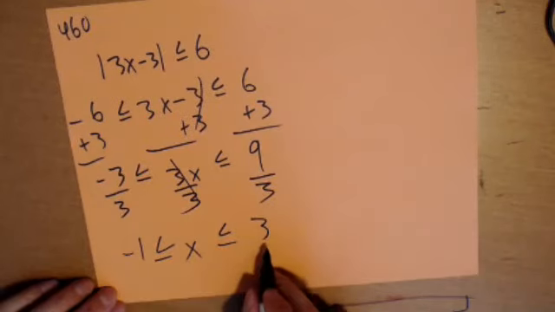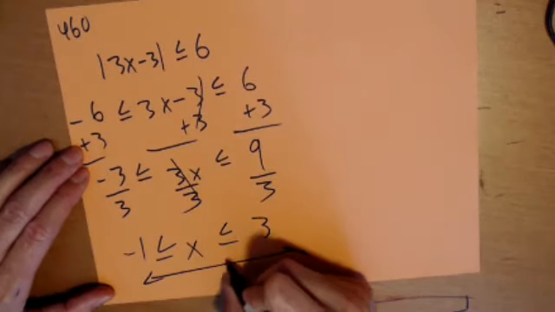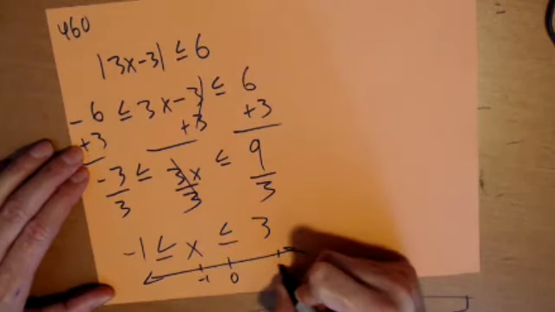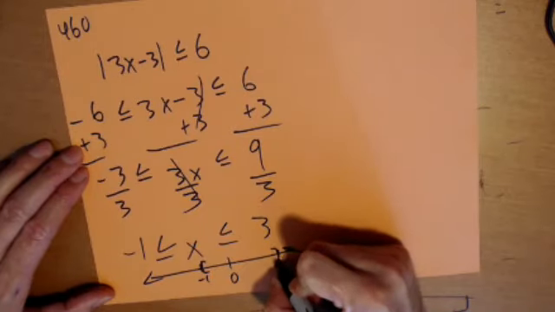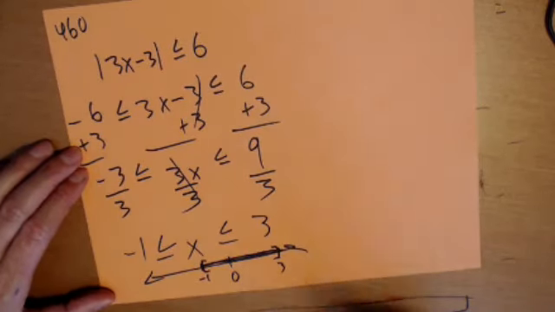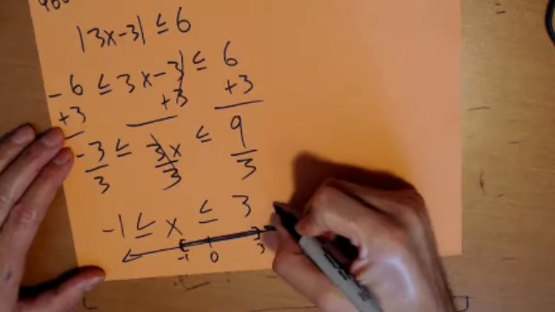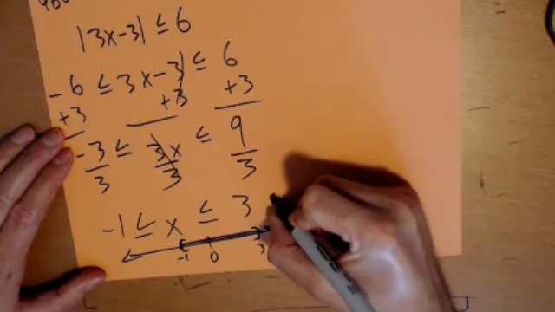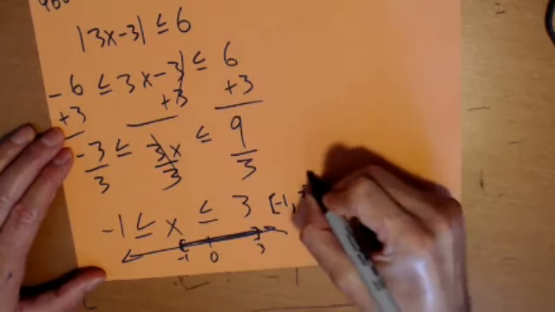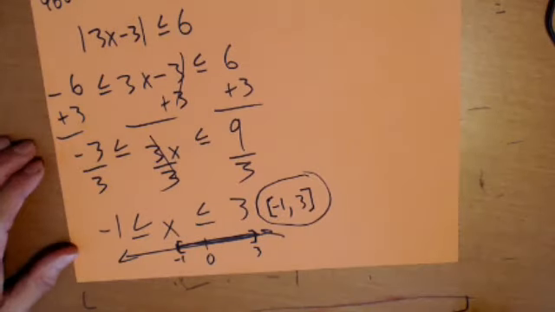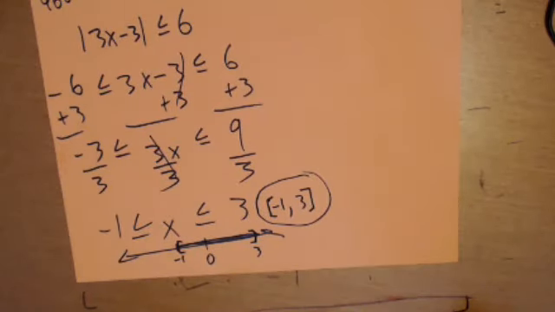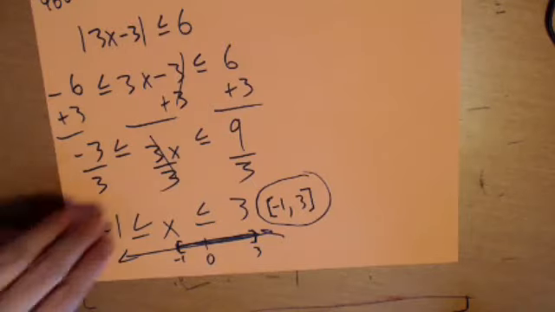So x is between negative 1 and 3. If you graph it, 0, negative 1, 3, bracket, bracket, everything between. Interval notation, therefore, negative 1 to 3, bracket, bracket. Whew. Okay.